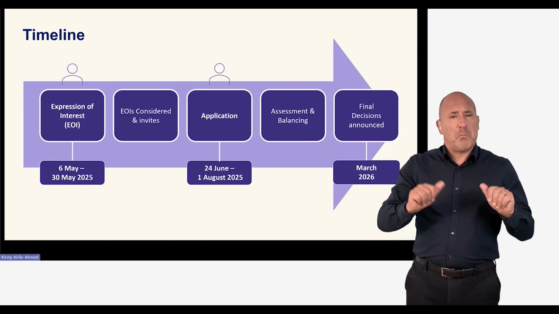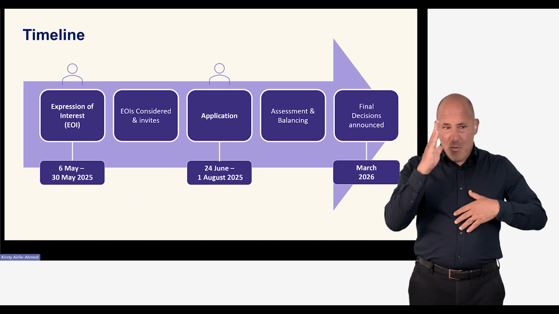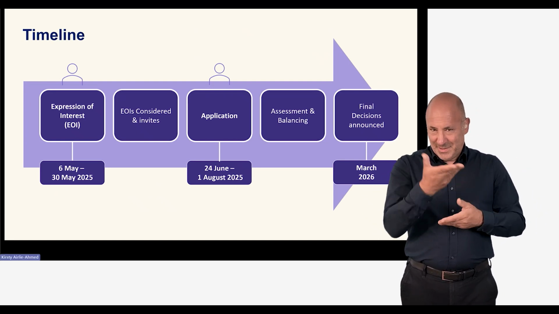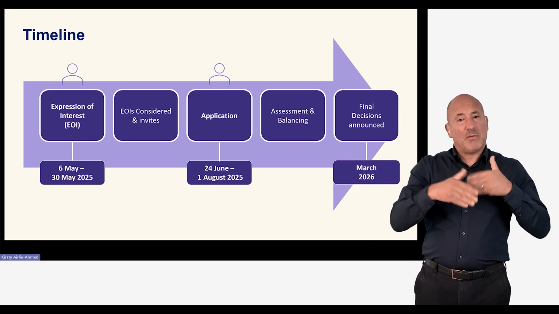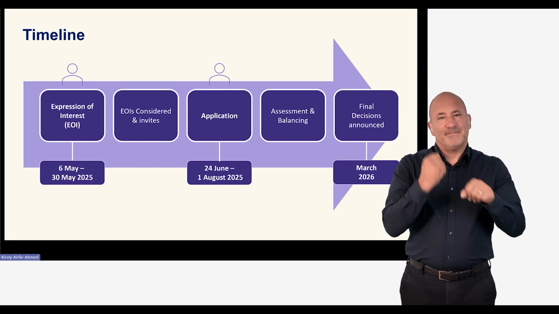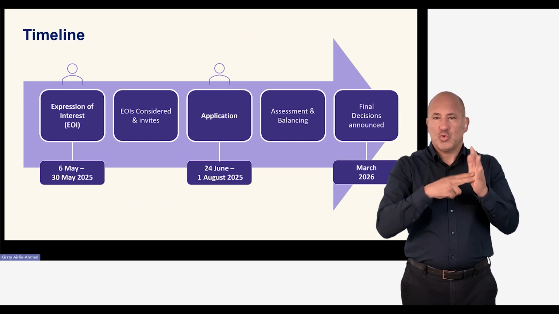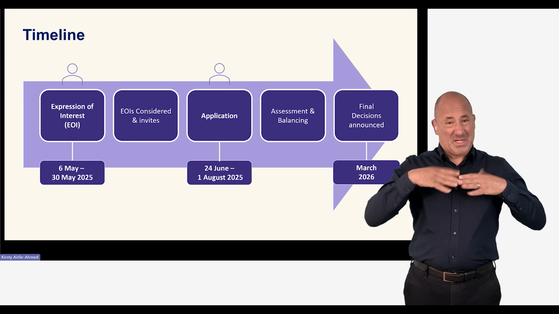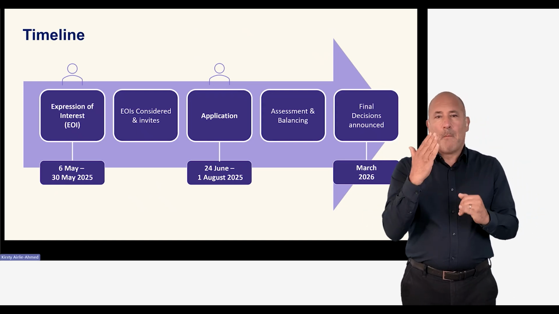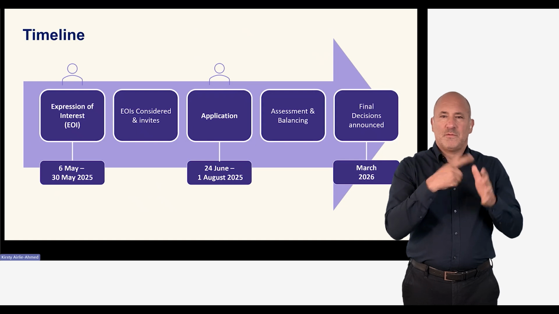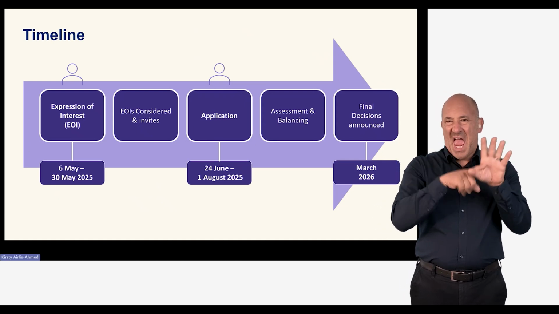Here is a brief recap of the timeline. The expressions of interest stage has now been completed, and for those who've been invited to apply, we're now at the application stage. Grantium opens for full applications at 10 AM on Tuesday, 24th of June, 2025. The deadline for full applications is 12 PM midday on Friday, the 1st of August, 2025.